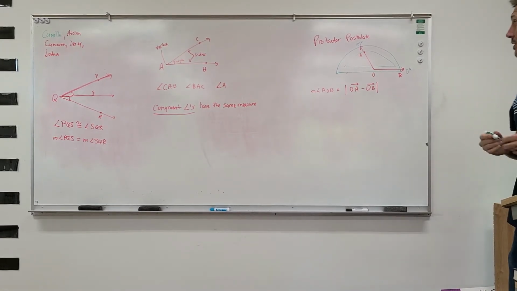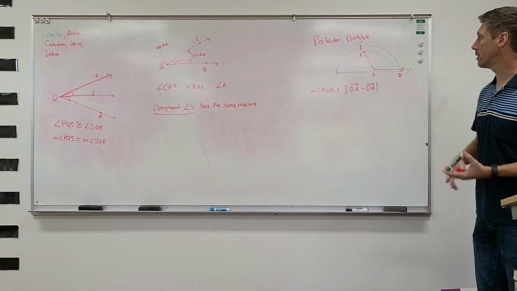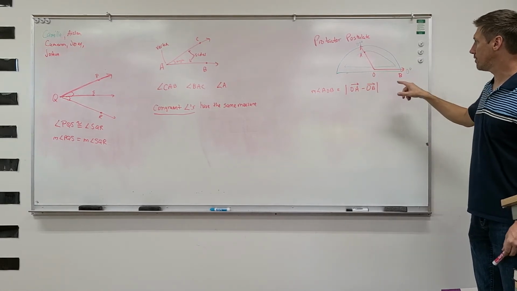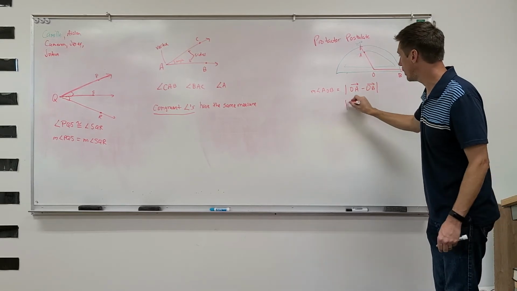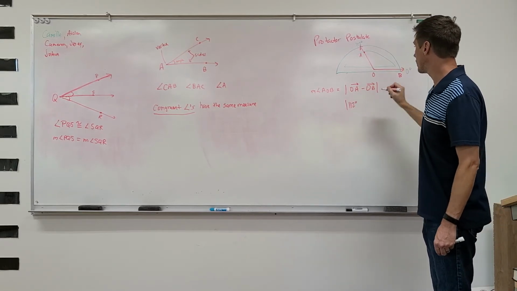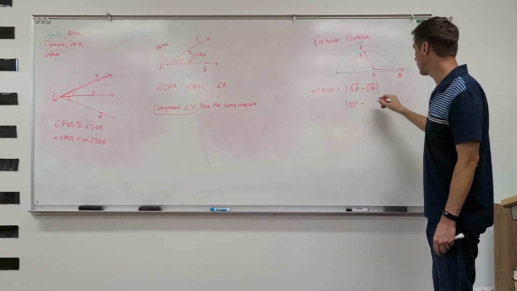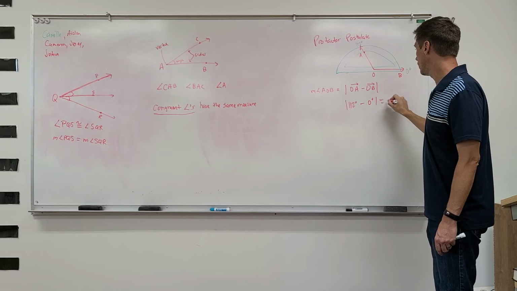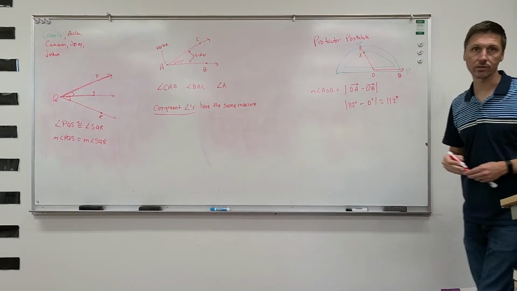All this postulate is saying is that I can get the measure of this angle by taking the value at ray OA, which in this case is 112, and subtracting from that the value of ray OB on my protractor, which is 0 degrees. So the measure of angle AOB is 112 degrees.